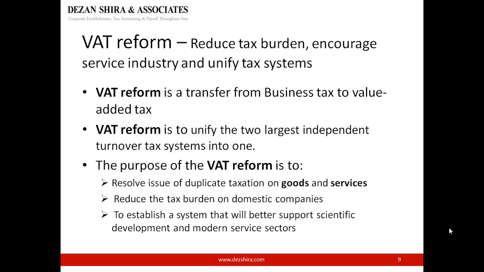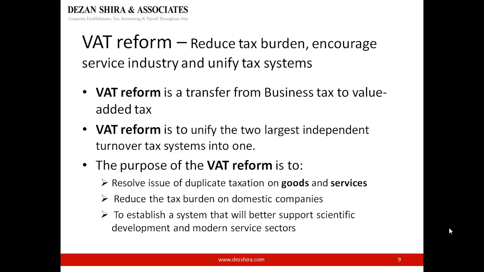So to unify these two systems into one would create an independent large tax system so that enterprises would not need to pay both VAT and business tax during their business. By resolving these double tax issues, enterprises could pay less tax and the tax burden will be reduced.